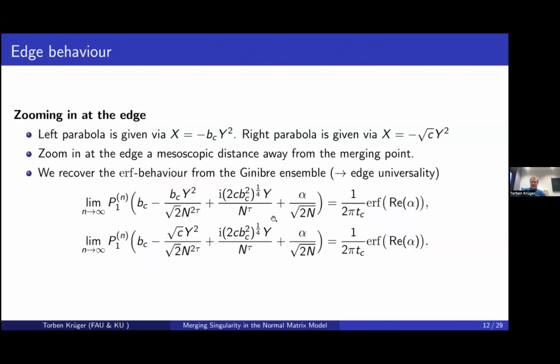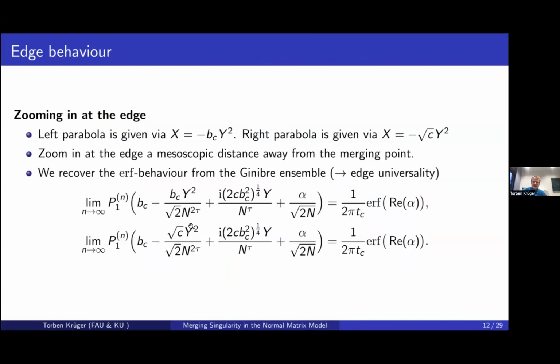Now you can do a bit better if you want to know, for example, how the density moves from the bulk value down to 0 at this edge when you're at a mesoscopic distance. So again, tau is between 0 and 1/4 here, and you now fix a point which lies exactly on one of the two parabolas. These are the two parabolas that define the edge.